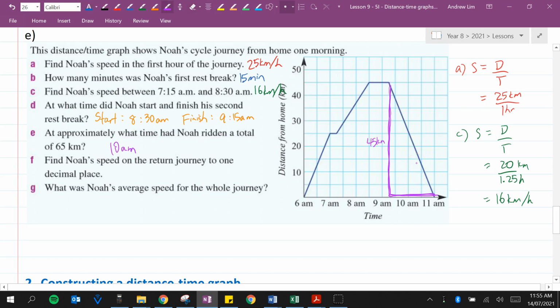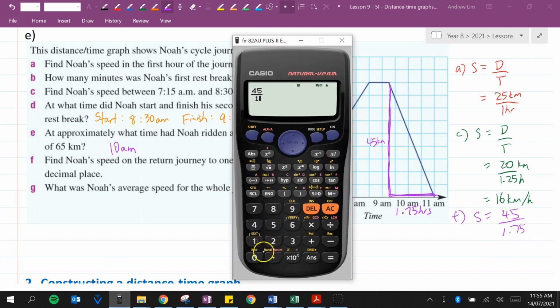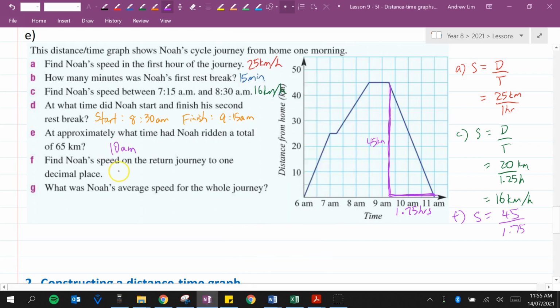From 9:15 till 11, that's 1 hour 45. 1 hour 45 is 1.75 hours. So this is question F. Speed is equal to distance over time. So 45 over 1.75 is 25.7 kilometers per hour.